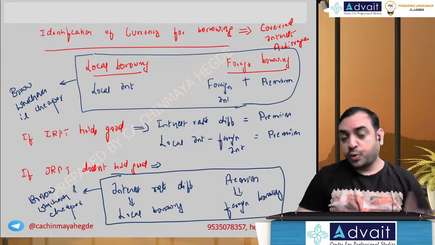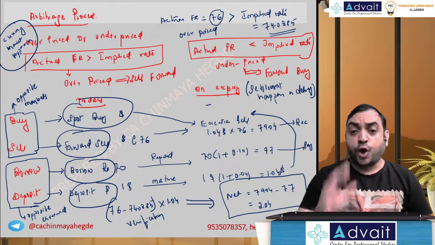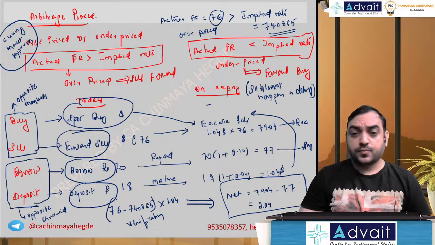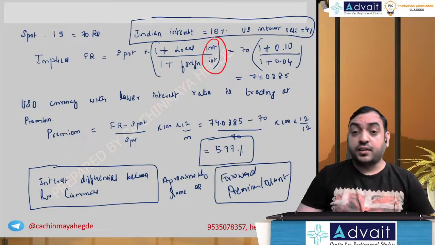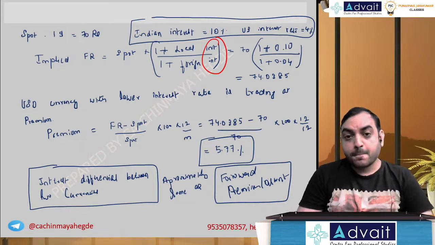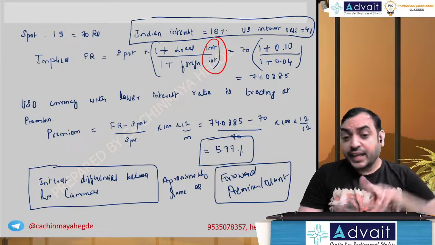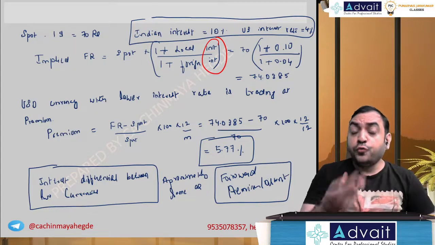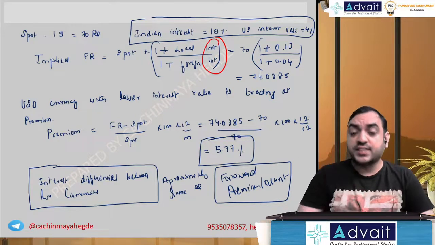Okay. One more small point to be kept in mind. The formula we applied here is 1 plus local interest by 1 plus foreign interest. In the exam question, one more situation can happen. They can give two interest rates, one for deposit and one for borrowing, and two forward rates, one bid and one offer, one for buying and one for selling.